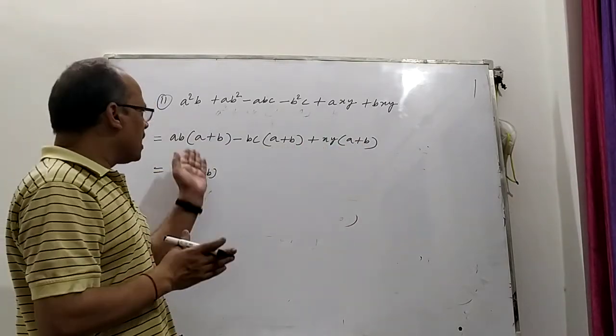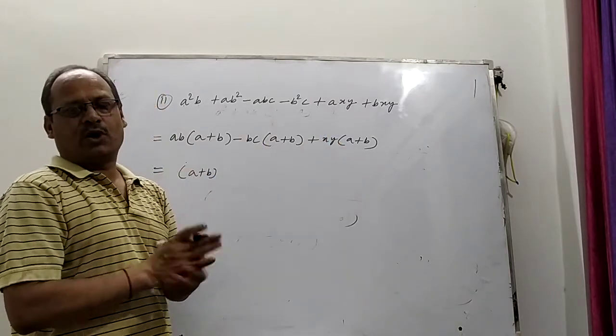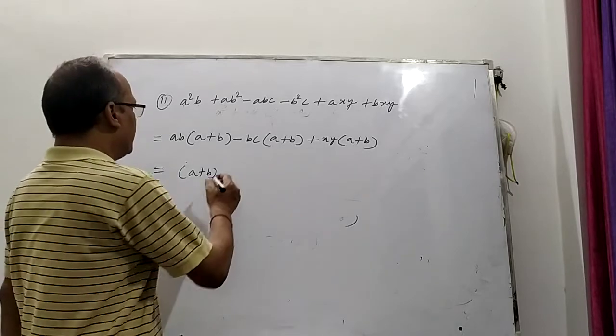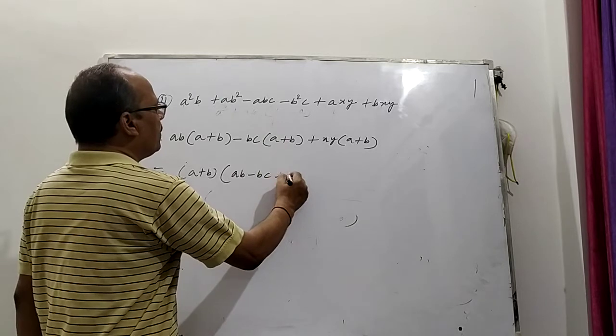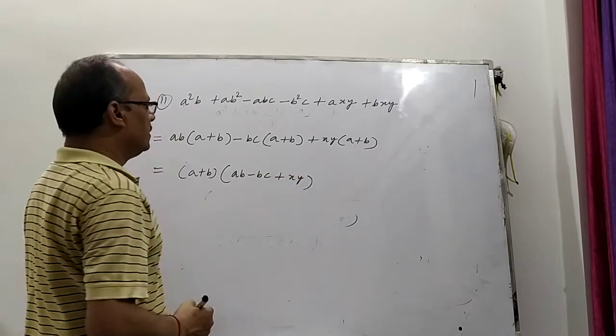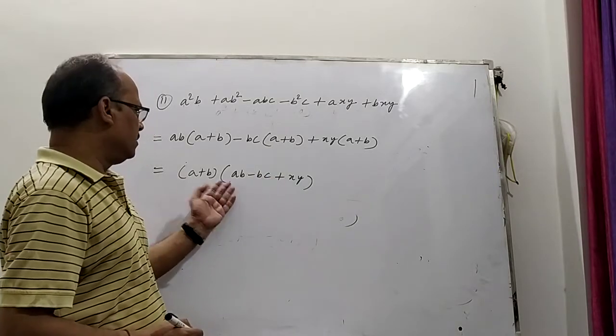If the same values are not occurring, what do we do? We change the order and see again. What will be ab − bc + xy? Clear? Here nothing is common from all.